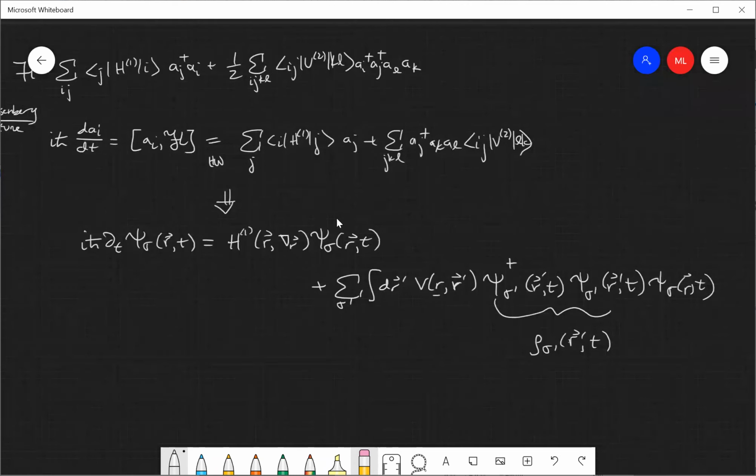So what's the point of this is that this part looks just like Schrodinger's equation, except it's for these field operators. So it's really a Heisenberg equation of motion, because these are not wave functions, they're operators. And it includes this extra term, which isn't present in any kind of Schrodinger equation. That's entirely due to the fact that you have multiple particles.